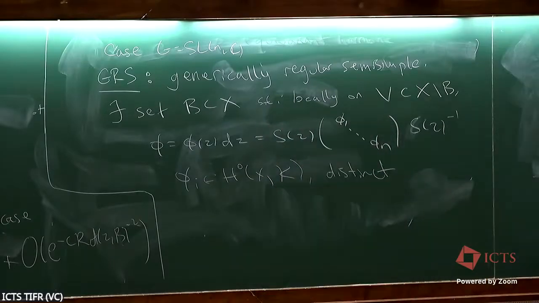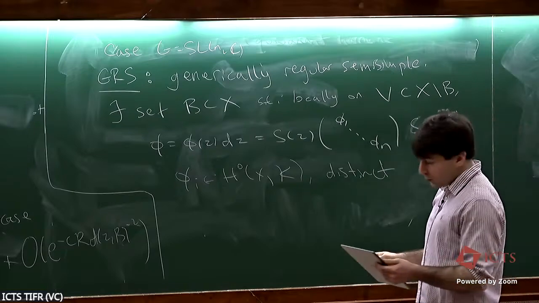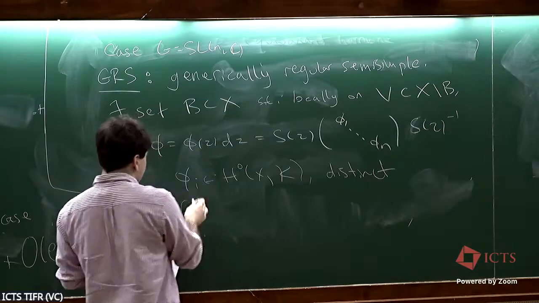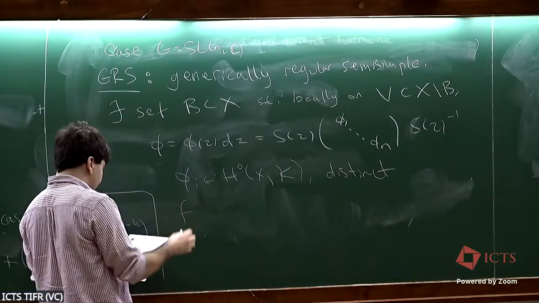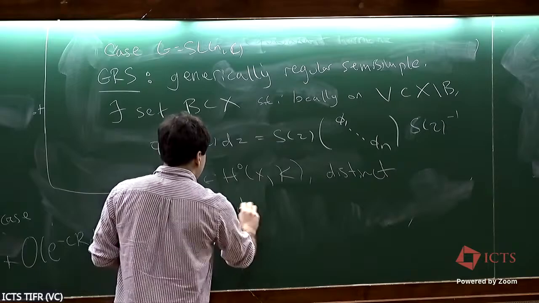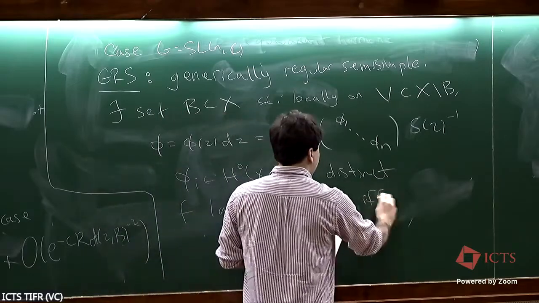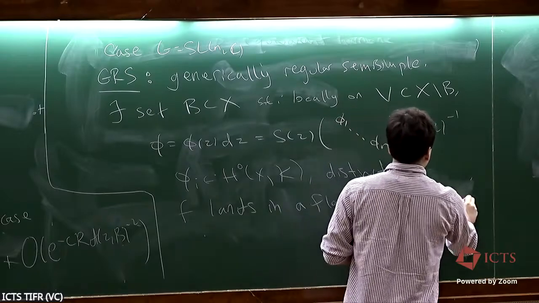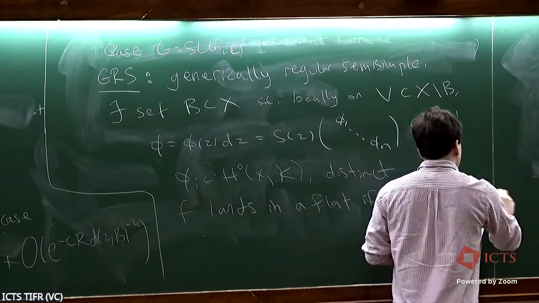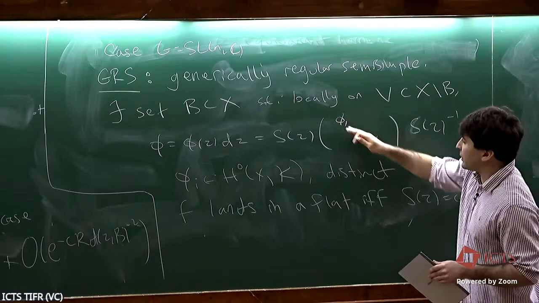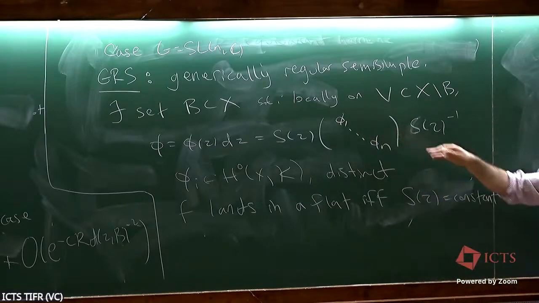Okay, and so why is this useful when thinking about harmonic maps? Well, since del F is equal to phi in some sense, by integration we see that F lands in a flat if and only if this diagonalizing matrix is constant. That's the connection there.